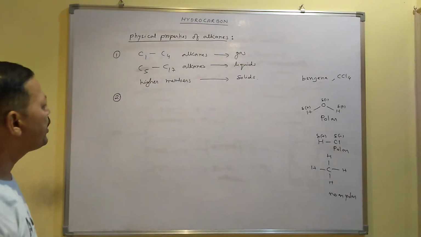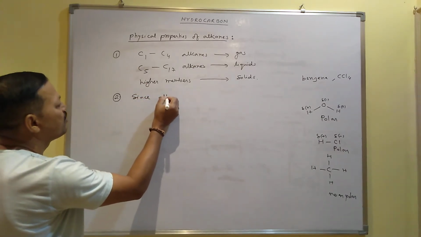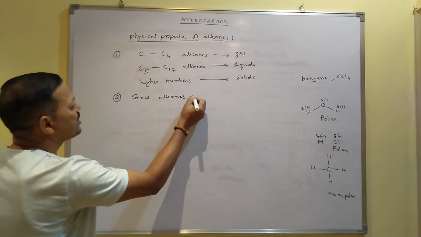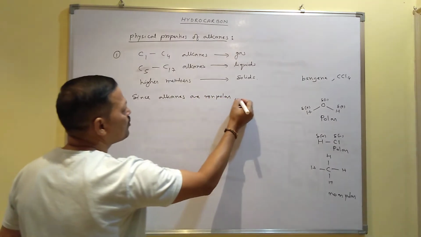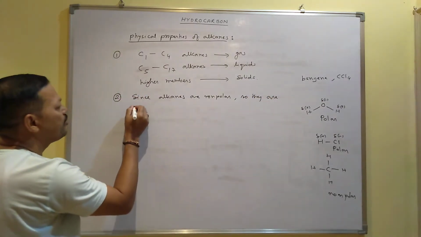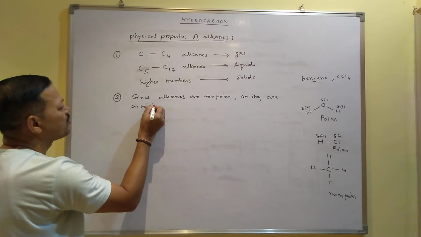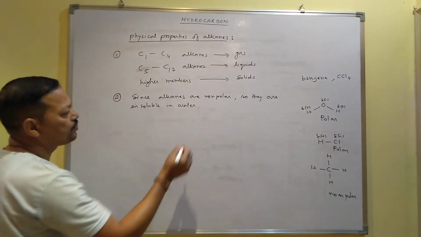So if you want to write the second point: since alkanes are non-polar, they are insoluble in water.